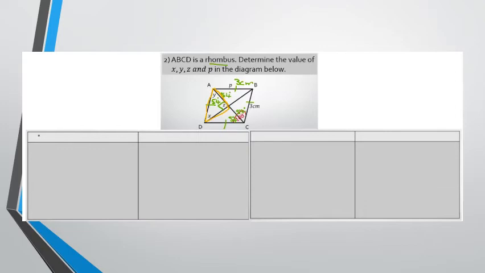So I'm going to start with statement and reason. The first part I have mentioned there: I'm going to say now that p must be equal to 3 centimeters.